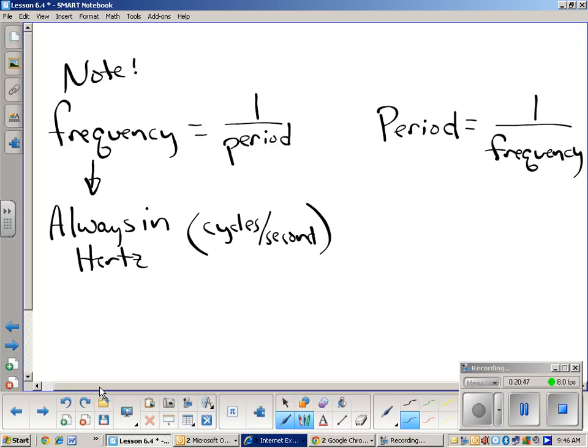How many cycles per second? That's frequency. Sound waves, sine waves, cosine waves, they all look the same. Okay? And so they're measured in hertz. I don't think we need to spend too much time on that. All you have to do is find the period, flip it over, and you've got the frequency. Okay? We'll move on.